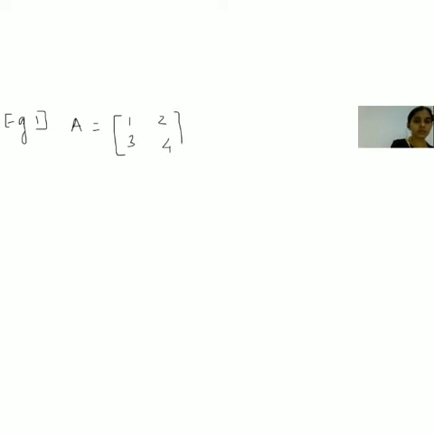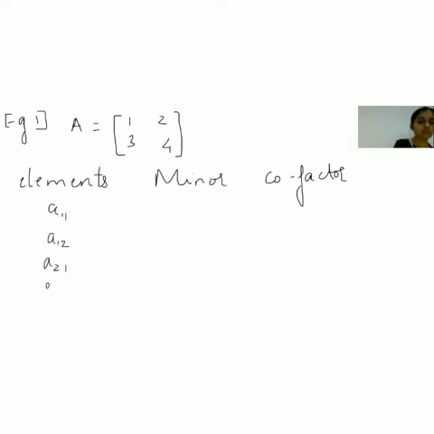We'll do a table format so that there's no confusion as to what matrix is to be made: element, then its minor, and then its cofactor. The elements are A11, A12, A21, and A22. A11 is the first element, 1. A12 is first row, second column, 2. A21 is second row, first column, 3. And A22 is second row, second column, that is 4.